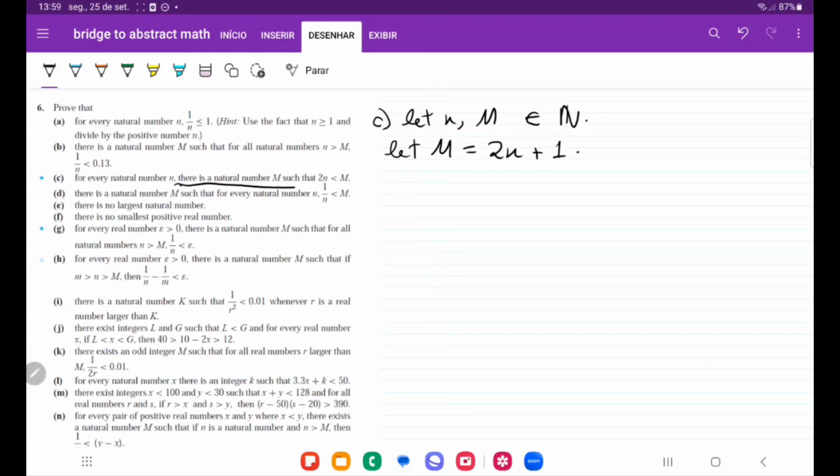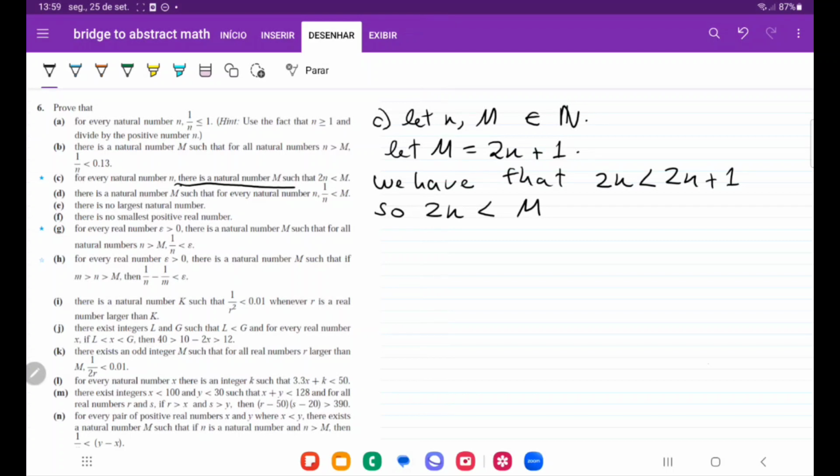And we can do this because if n is a natural number, then 2n plus 1 is also a natural number, right? So we have here that 2n is less than 2n plus 1, right? And so because of this, 2n is going to be less than m, because m is 2n plus 1.